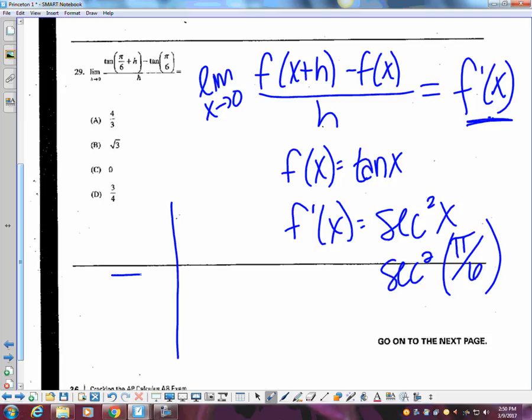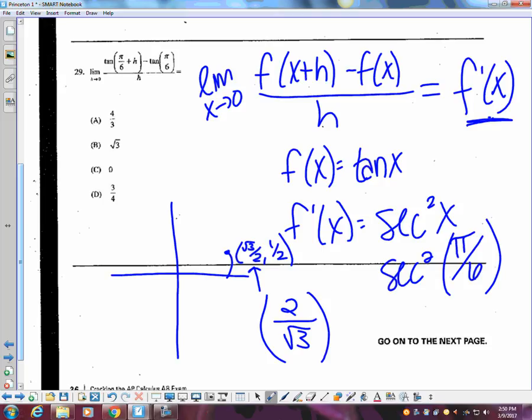Okay, in your noggin, pi over 6. Is that ugly pretty or pretty ugly? Ugly, pretty. Secant is who flipped? Cosine, right? So flip him, because I'm not cosine, I'm secant. And square him, because it's secant squared.